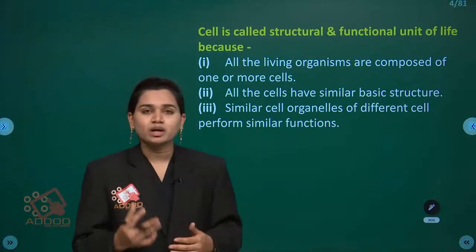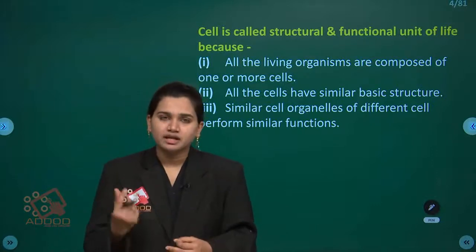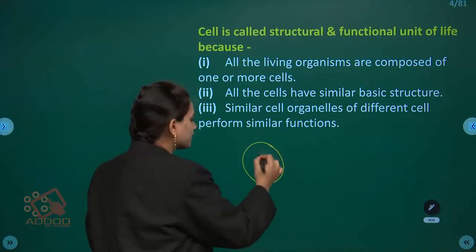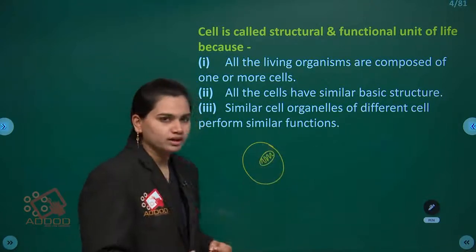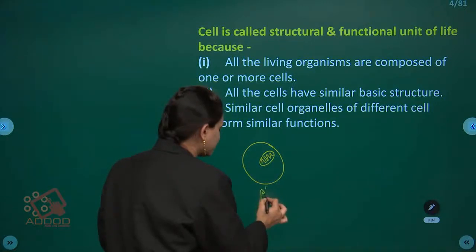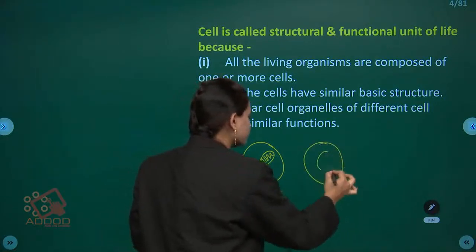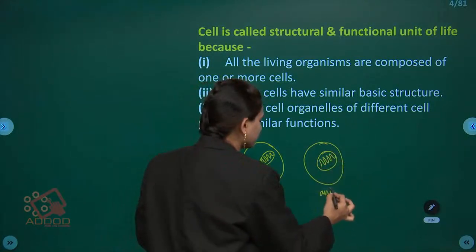The similar cell organelles of different cells perform the same function. Let us look into an example over here. Let us say that one cell, a plant cell, consists of a mitochondria. Mitochondria is a type of cell organelle. Let us consider this is a plant cell containing mitochondria, and this is an animal cell which is also containing mitochondria.